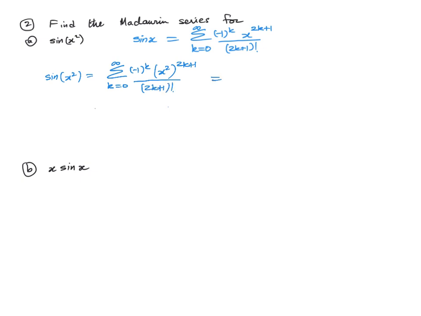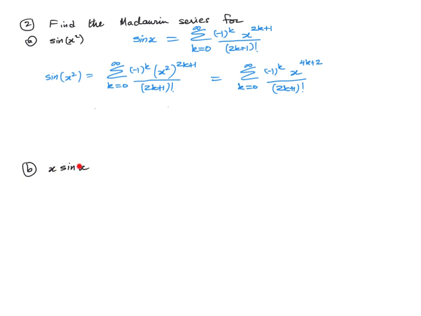If I simplify that a little bit, I get sigma as k goes from 0 to infinity of negative 1 to the k times x to the 4k plus 2, because I distribute the 2 times 2k plus 1, all over 2k plus 1 factorial, and that now is the series for sine of x squared. Now, the interval of convergence for sine of x was all real numbers, and so the interval of convergence of this is also going to be all real numbers.